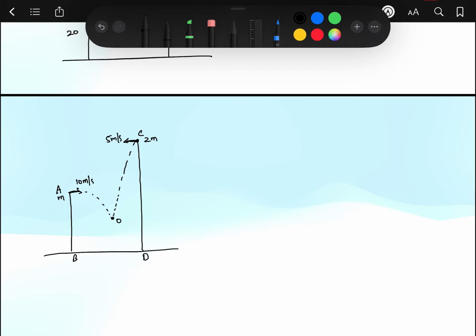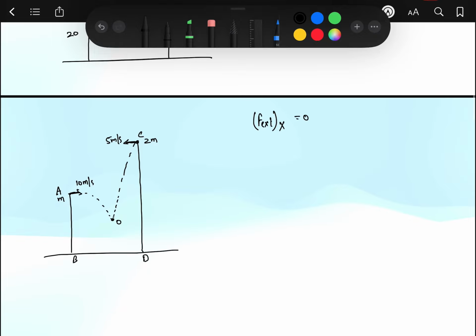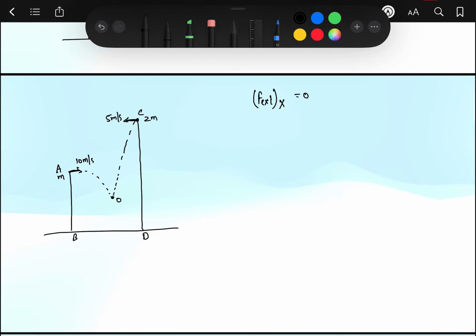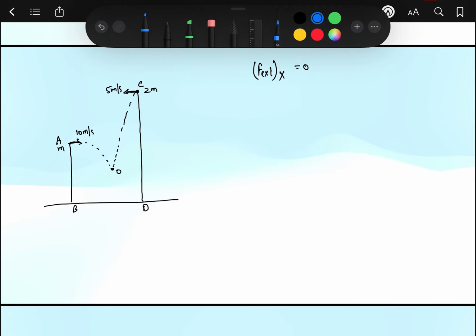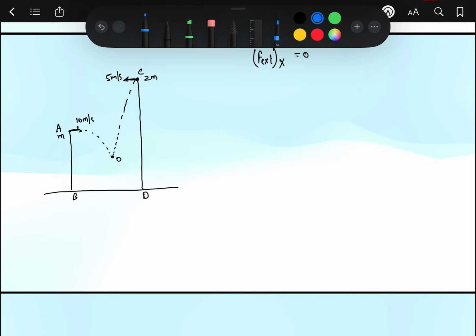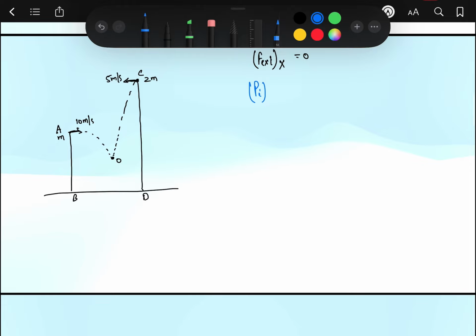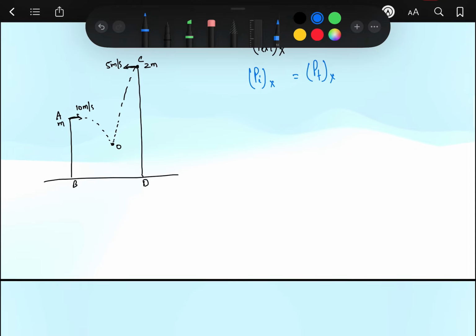Since there is no external force in the horizontal direction, that is, F external in the x direction is 0, momentum will be conserved in the horizontal direction. So we apply momentum conservation: P initial in the x direction equals P final in the x direction.